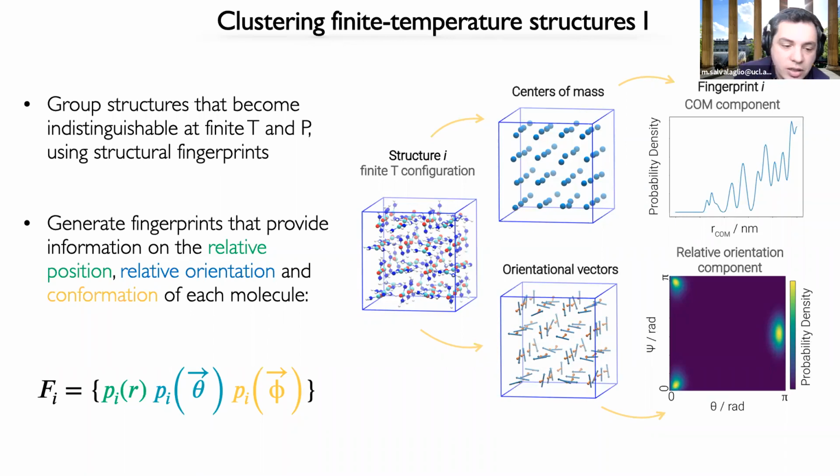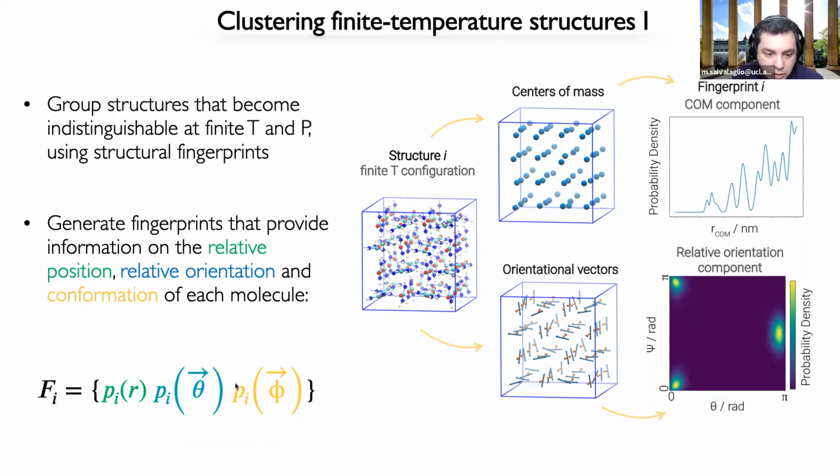It's a collection of probability density functions that represent a structure by representing the probability density of the distance between the centers of mass of the molecules in a system, represented here, and also the probability density of important orientations between molecules, represented here. This is a qualitative representation for urea.